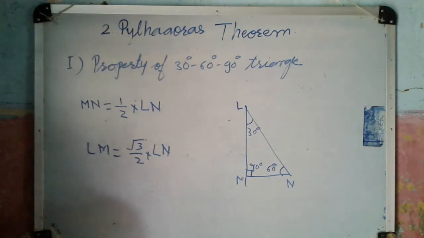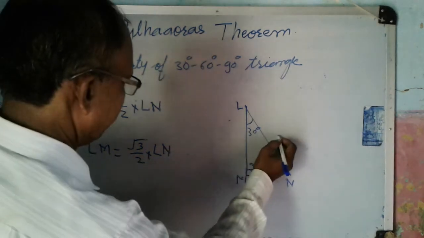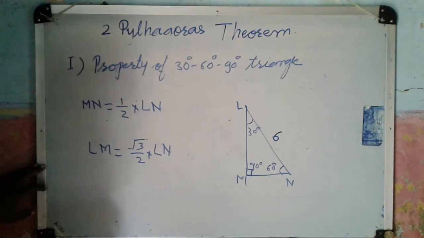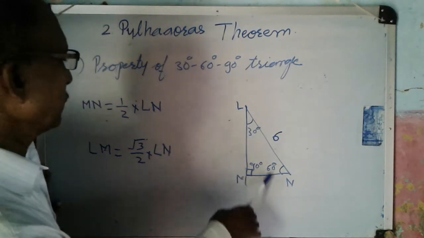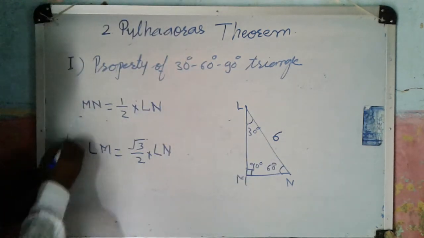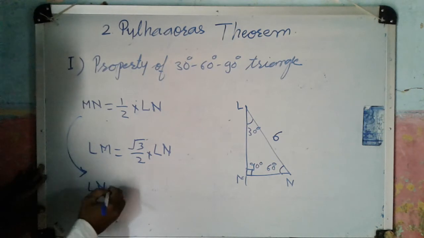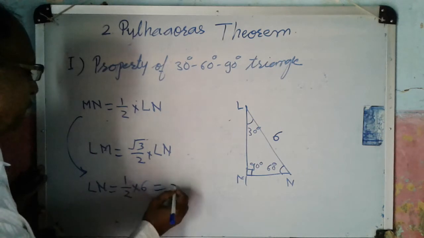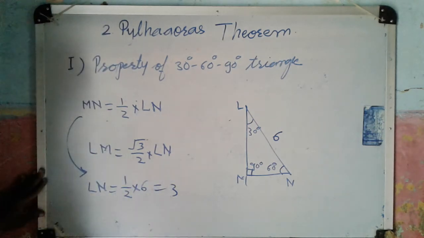For example, here we will take the length of the hypotenuse as 6. According to the property, the side opposite to 30 degree is half of the hypotenuse, so it is 1 half into 6, equal to 3.